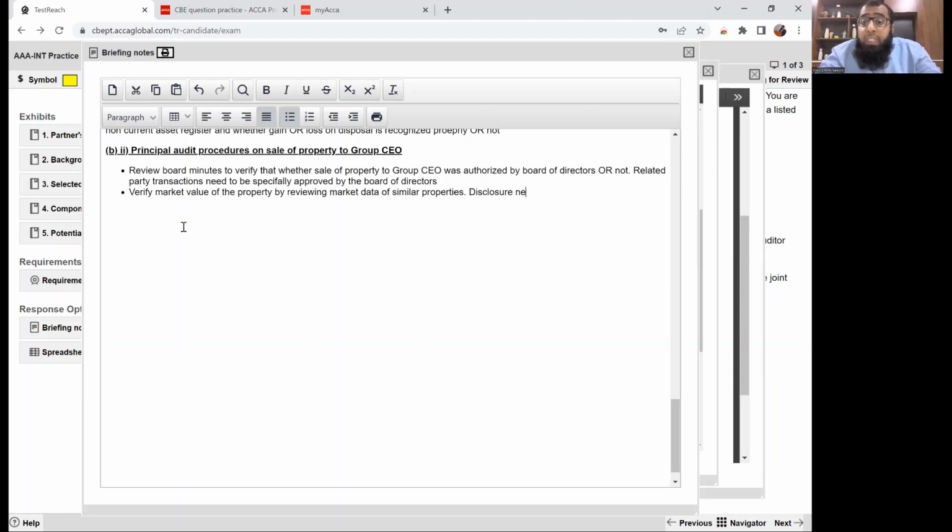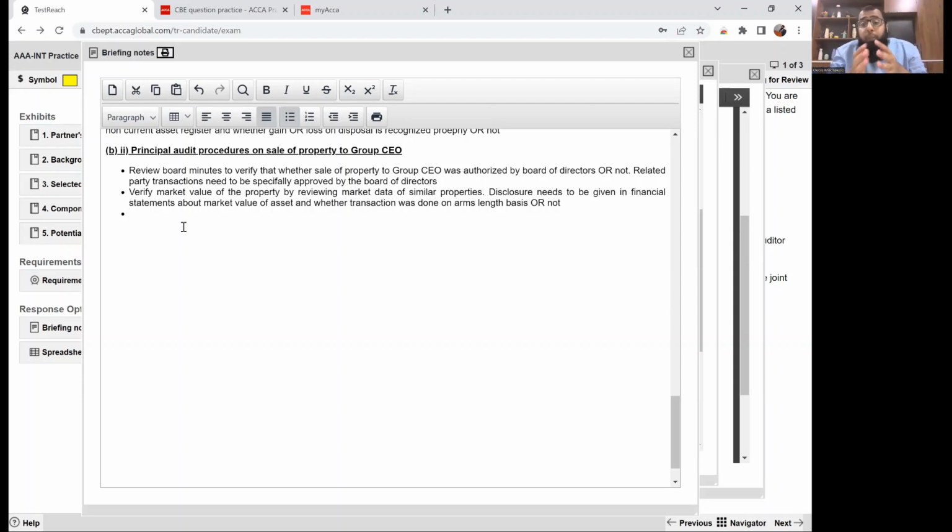Disclosure needs to be given in the financial statements about the market value of the asset and whether the transaction was done on an arm's length basis or not. So we need to verify whether the transaction was done at market value or not, and for that we need to verify the market value of the asset. We will review the market data of similar properties.